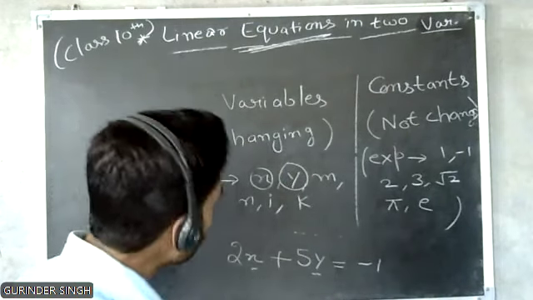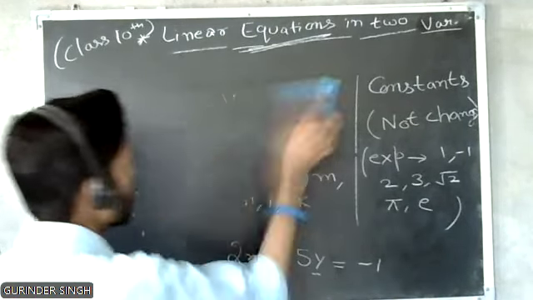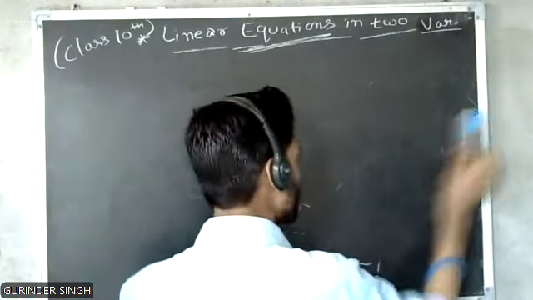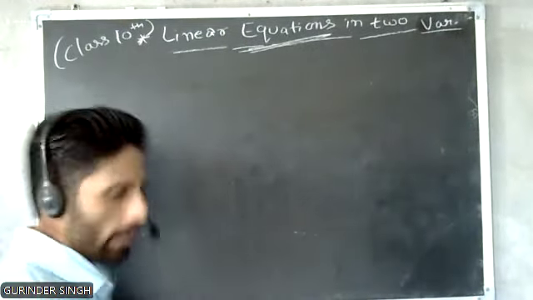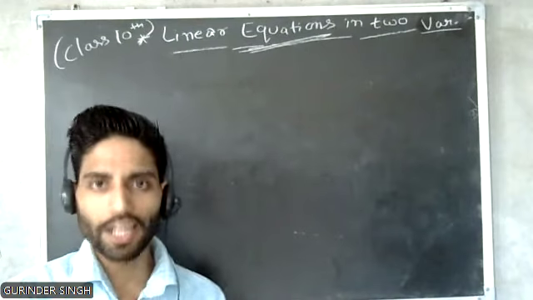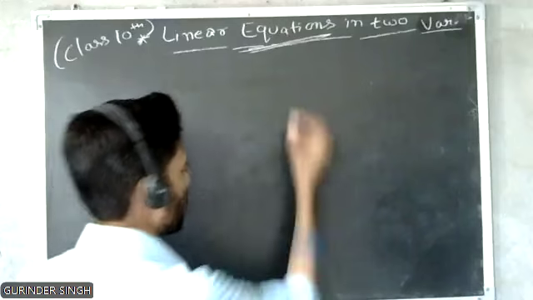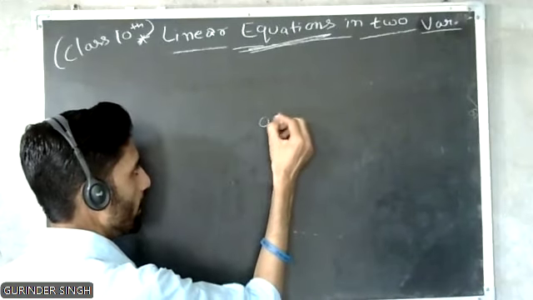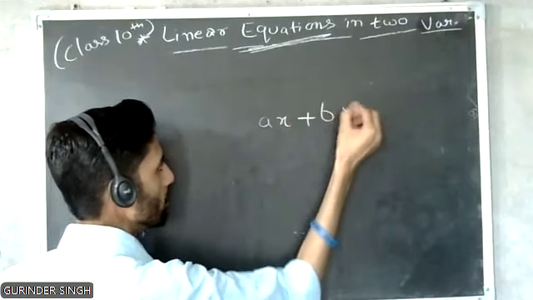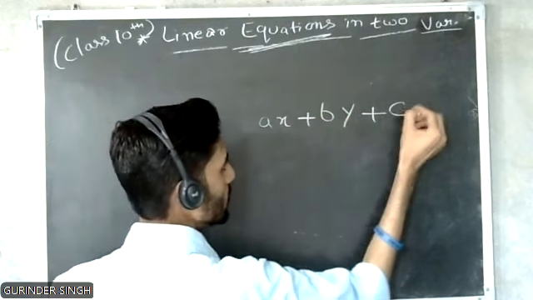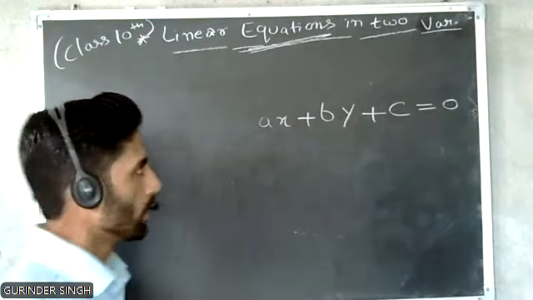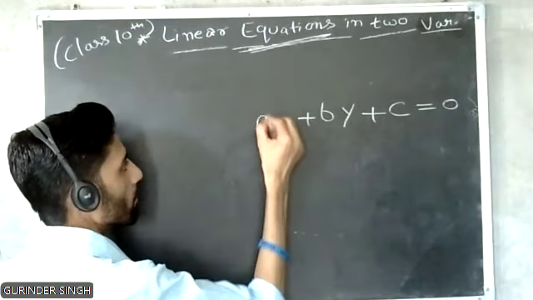So this is the example of a linear equation in two variables. Okay, let me erase this and I will tell you something very important. What is the general format of a linear equation in two variables? You can write ax plus by plus c equals to 0.